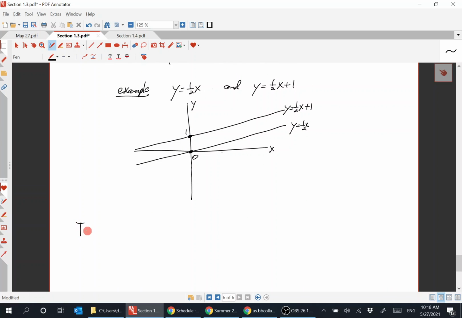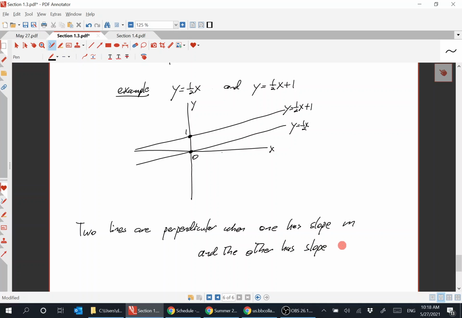Two lines are perpendicular when one has slope m and the other has slope minus 1 over m, the negative reciprocal.